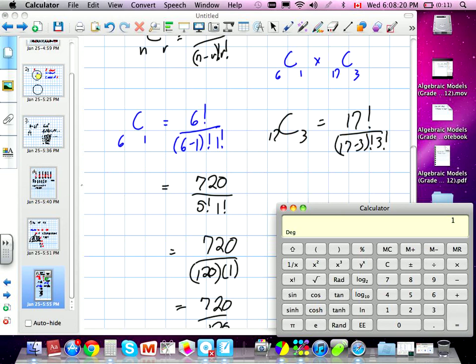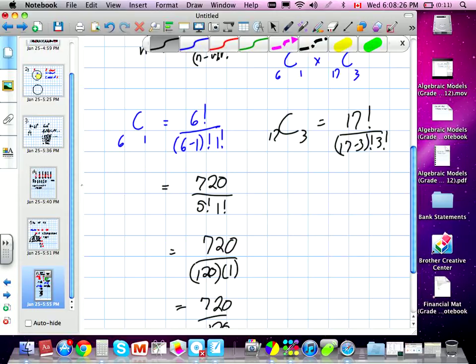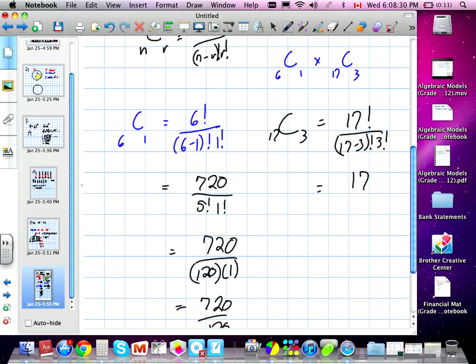This becomes 17 over 14 and 3. We can probably do that all in our calculator. For the whole thing, I got 680 as the answer. 680? Yeah. Okay.